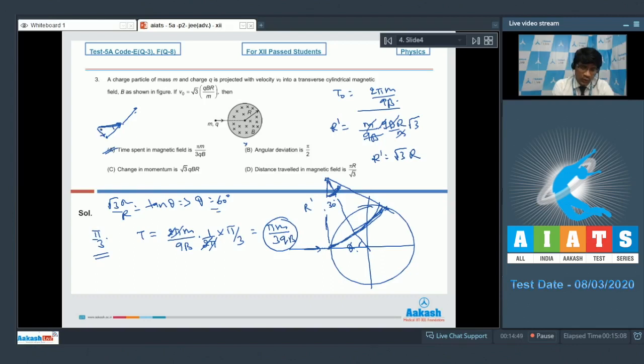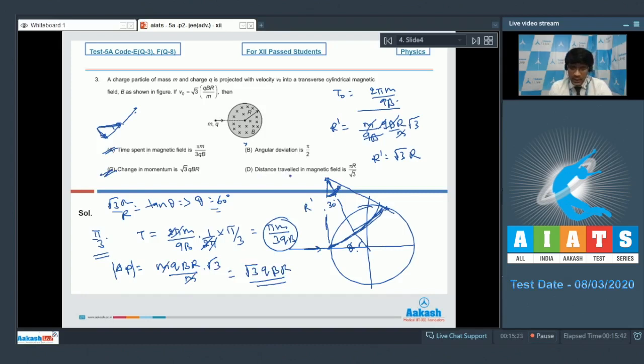So the magnitude would still be mv itself. So the change in momentum magnitude would be m into v naught. v naught was qBR divided by m into root 3. So I shall have root 3 qBR as the change in momentum.